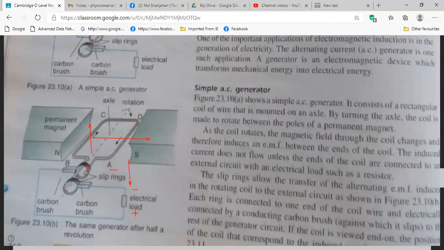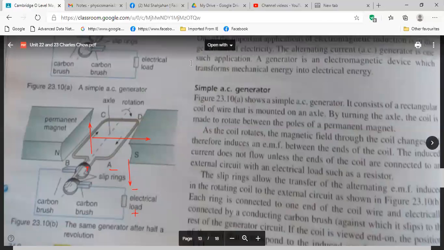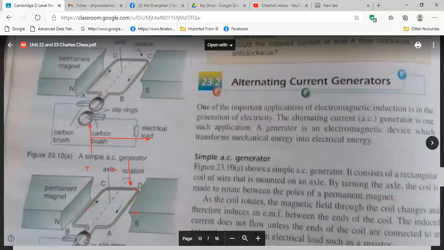Is it clear? Yes. So all these things we will need for writing, and we'll also have a drawing.